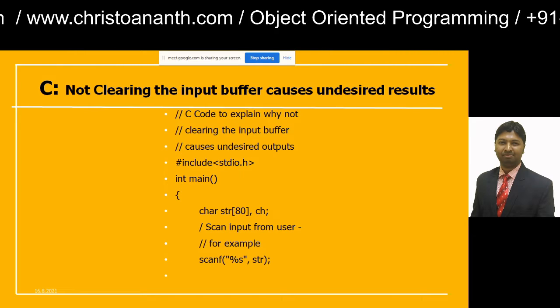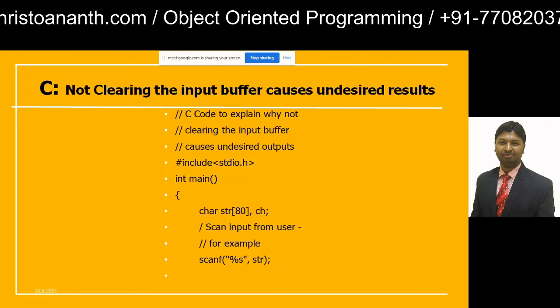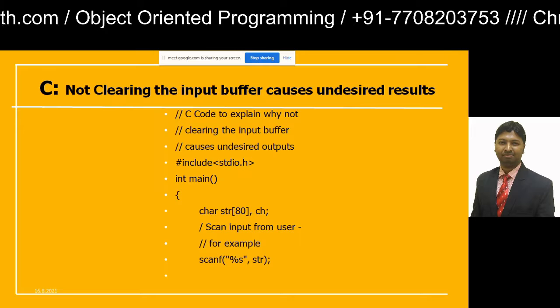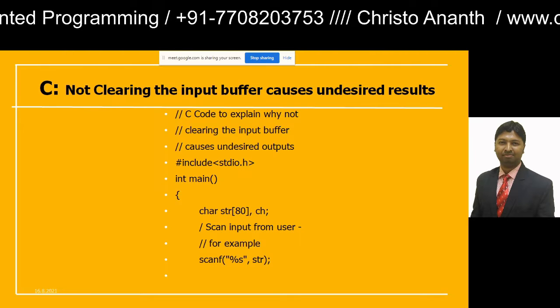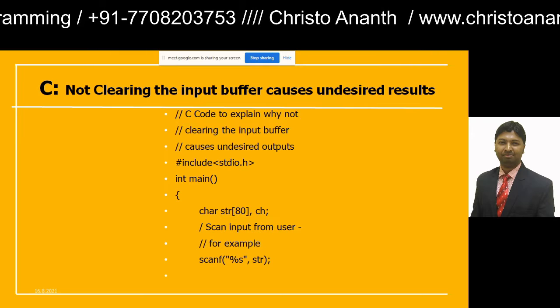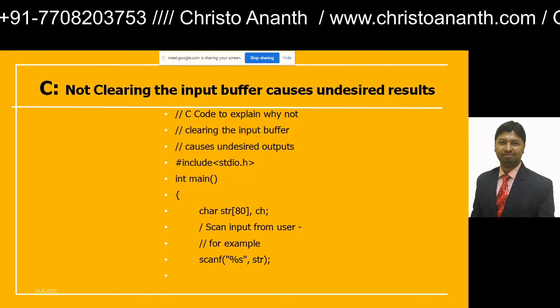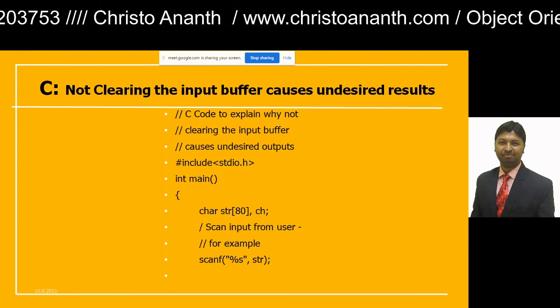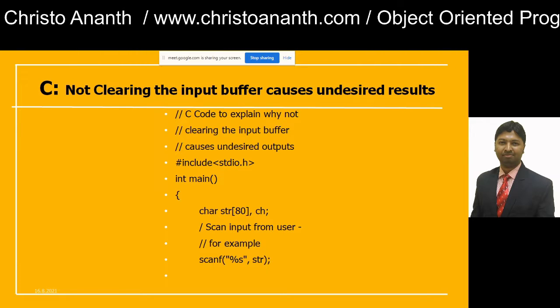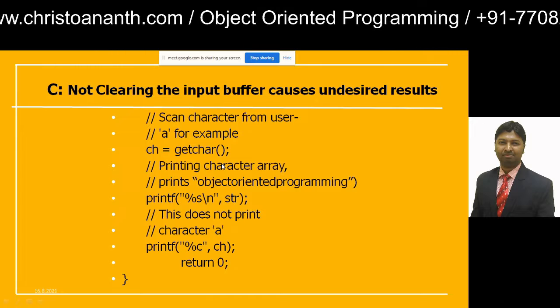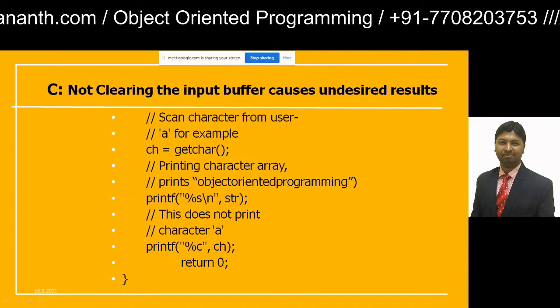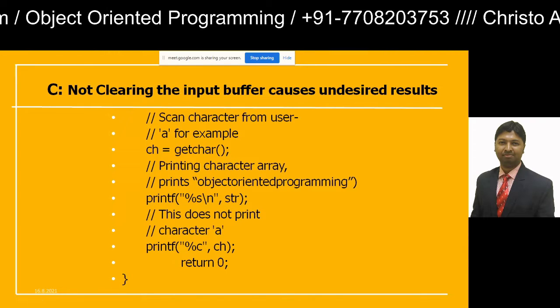Okay. So here we have hash include stdio.h, and in the main function you are going to initialize a character string of 80 length, str, and a character ch. Then you scan the input from the user, for example scanf %s str, the string, and then you scan the character from the user, for example a, and then ch is equal to getchar.